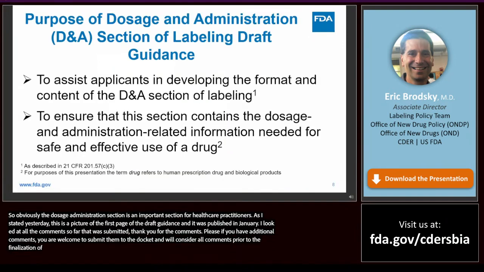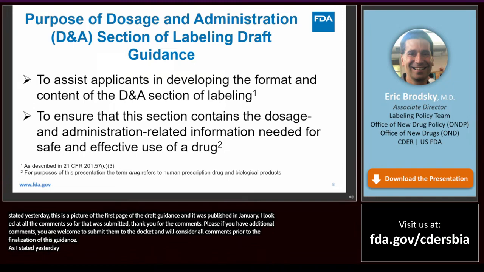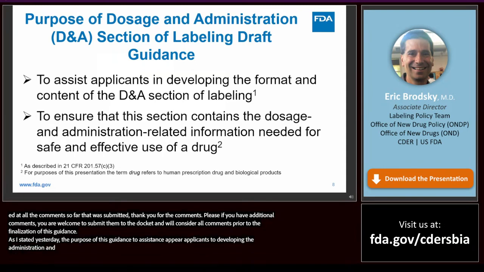As I stated yesterday, the purpose of this guidance is to assist applicants in developing the information in the DNA section of labeling and to ensure that this section contains the dosage and administration related information needed for the safe and effective use of the drug.